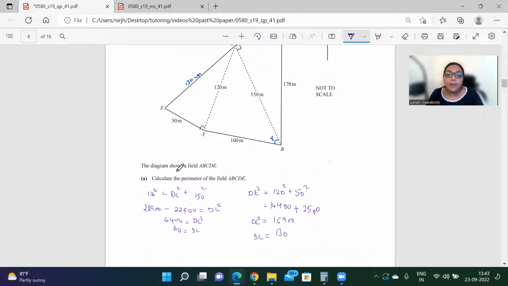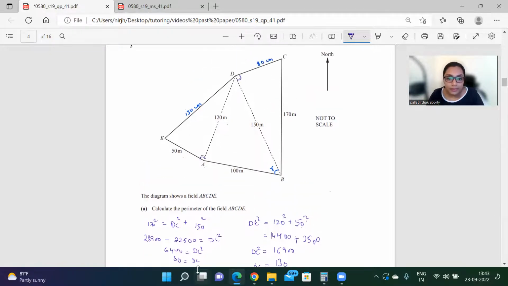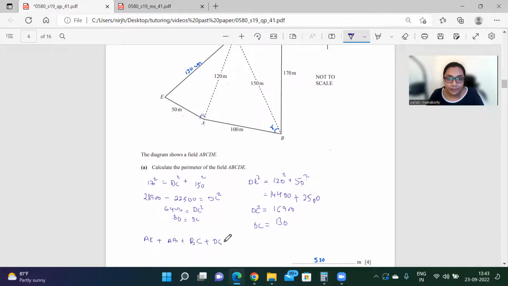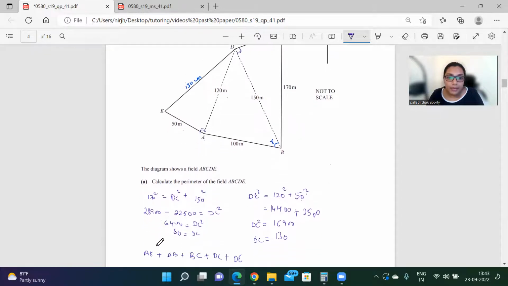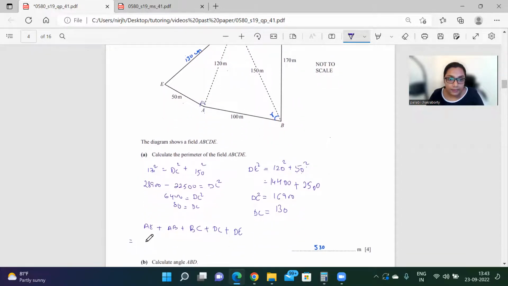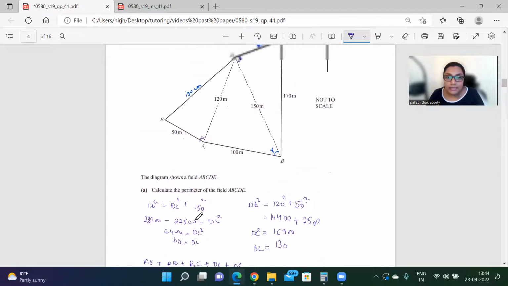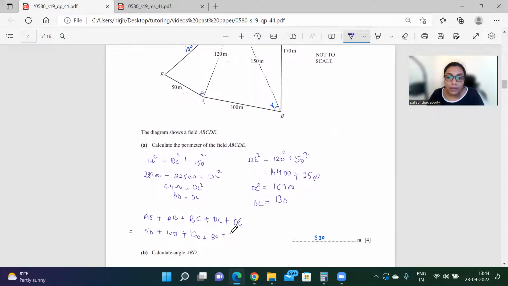So now we have to find the perimeter. The perimeter will mean we take AE plus AB plus BC plus DC plus DE, which is equal to, you put the value of AE as 50, AB is 100, BC is 170, DC we have found to be 80, and DE we have found to be 130.